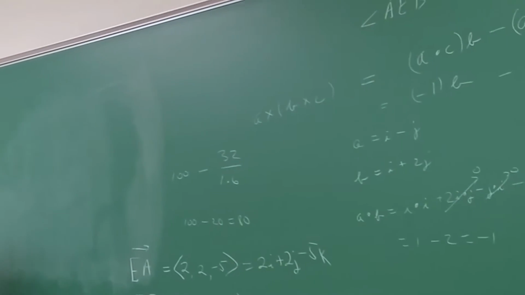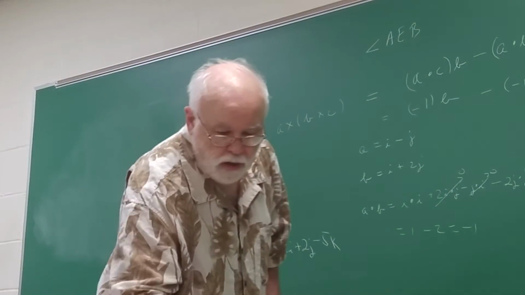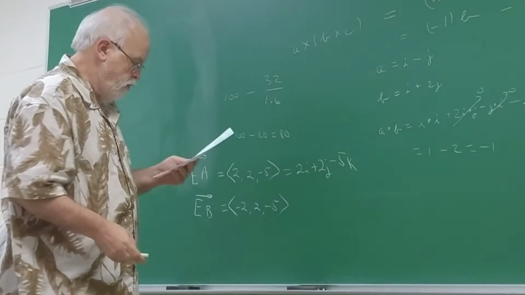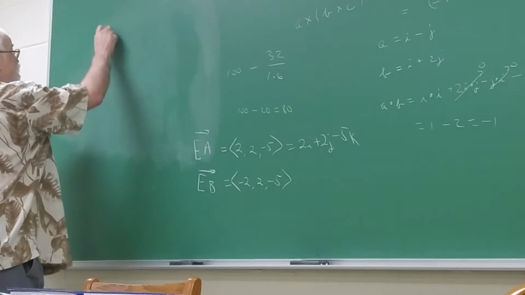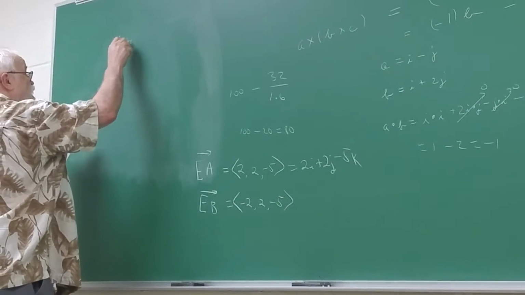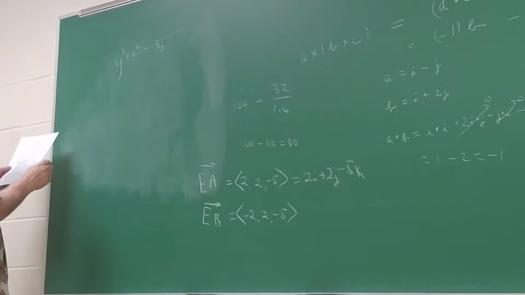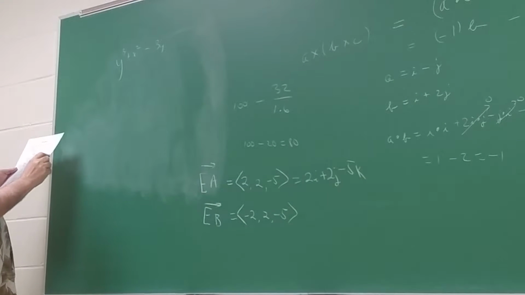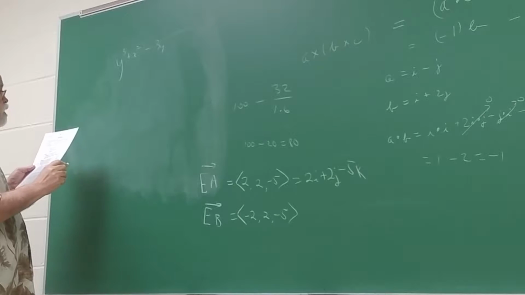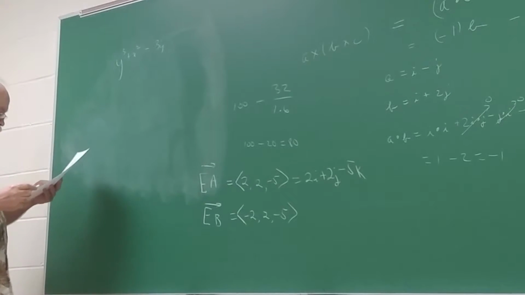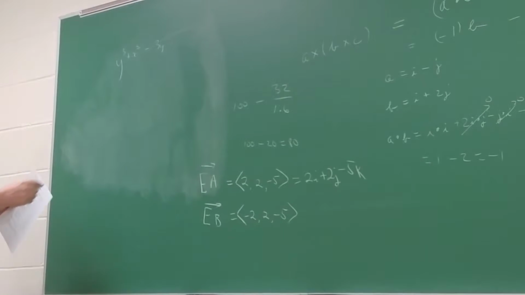So anyway, I've already forgotten what it said. y cubed plus x squared minus 3y. And I want a slope of a tangent plane, tangent line parallel to the YZ plane. Oh yeah, it wasn't tangent plane, it was tangent line.